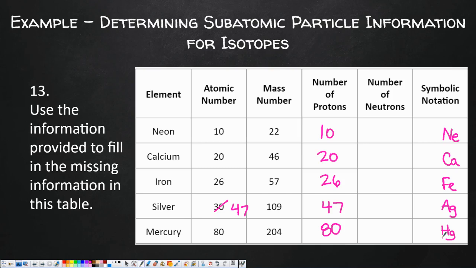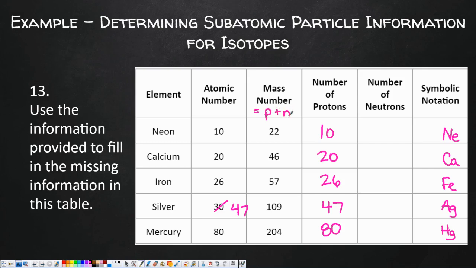Atomic number and my number of protons will always be the same as long as the atom is not going from one element to another. So there would have to be some sort of chemical reaction for that to occur. That's not happening here. So then my mass number is equal to my protons plus my neutrons.